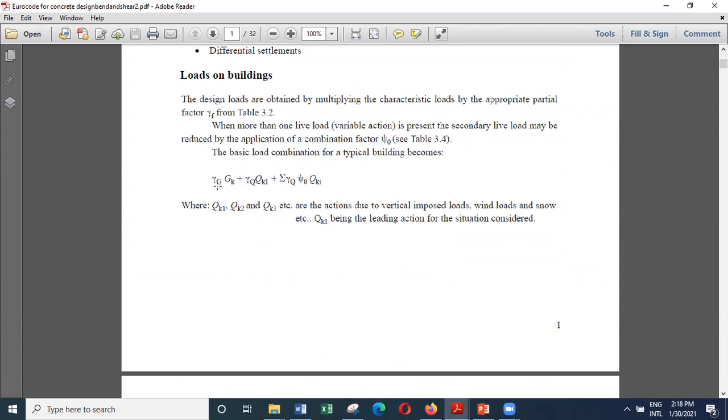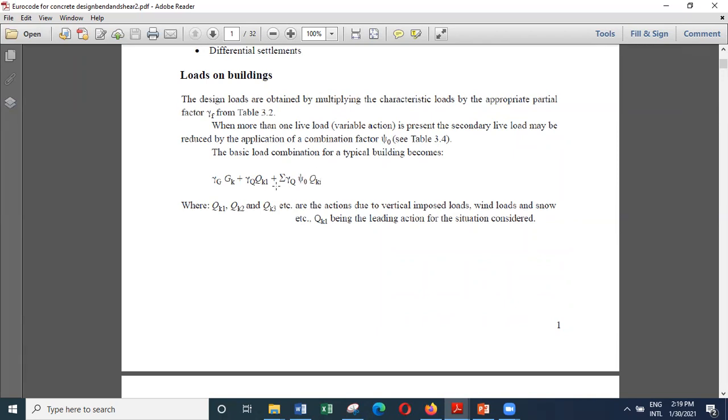So the load combination will be 1.35 GK plus 1.5 QK1 plus 1.5 into 0.5 times WK wind, and 1.5 into 0.5 is 0.75 times WK.